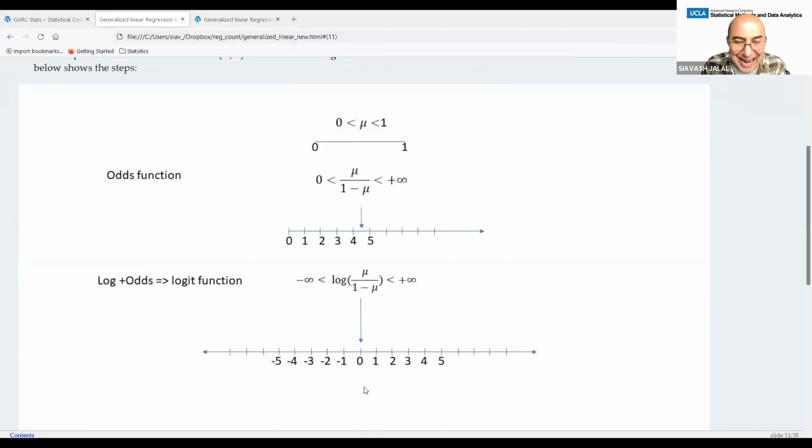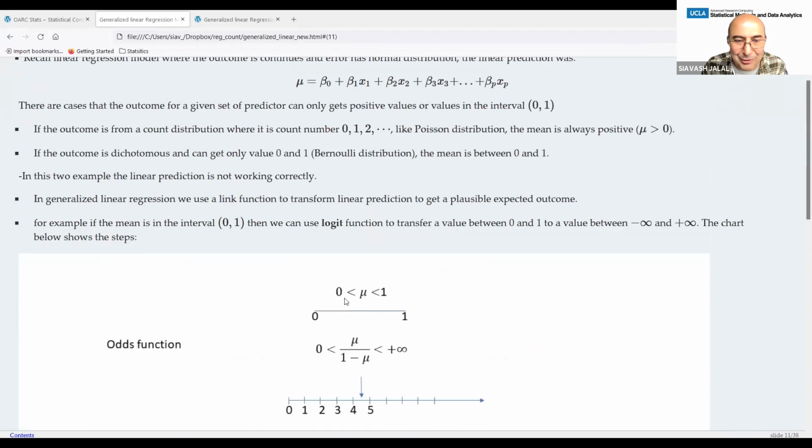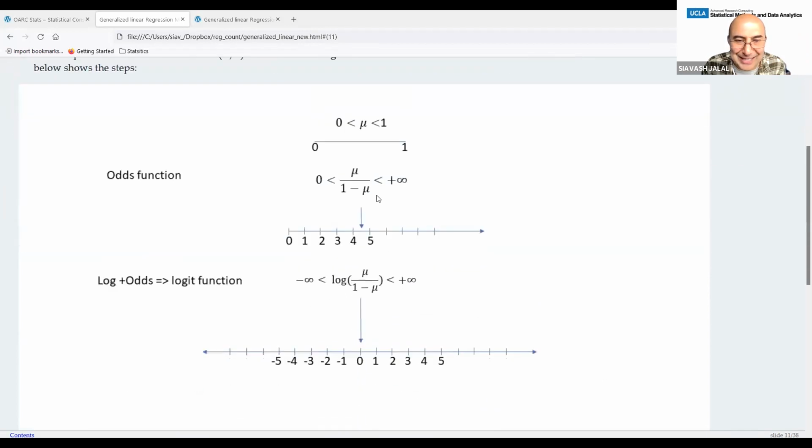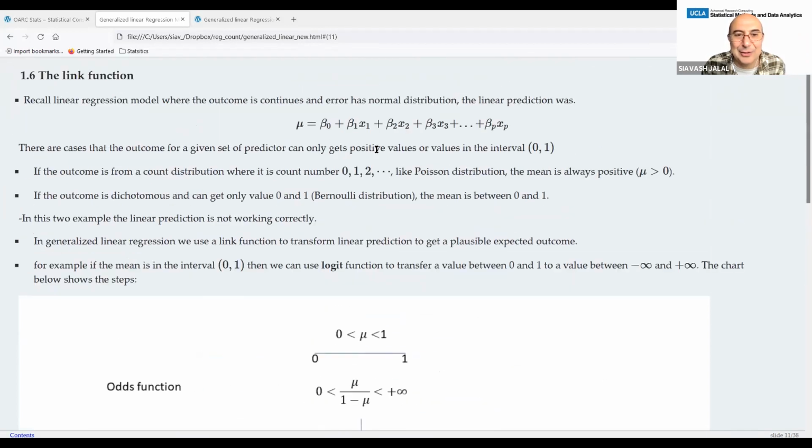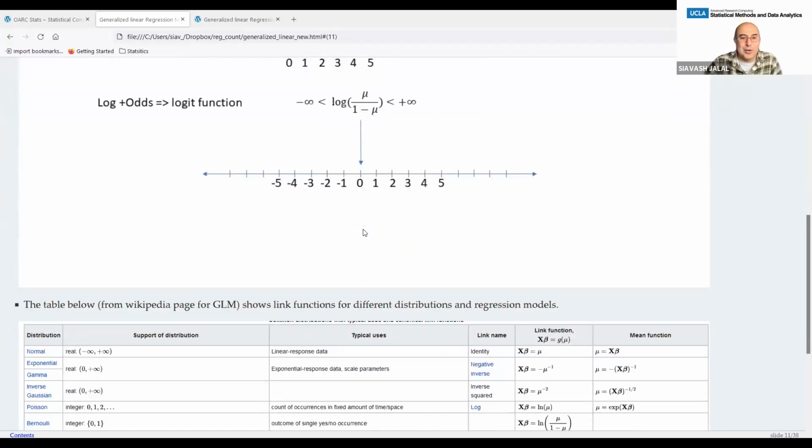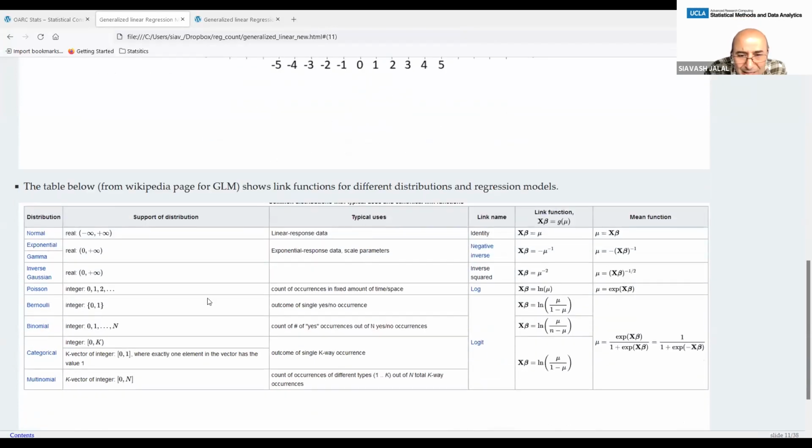Those are the link functions that get this mu. Now, if you go backward, you can go from negative infinity to infinity back to 0 to 1, right? So you invert this to go back to 0, 1. I got this from the Wikipedia page of GLM. It's not everything, but it's most of them. And for normal, it says the link is identity.